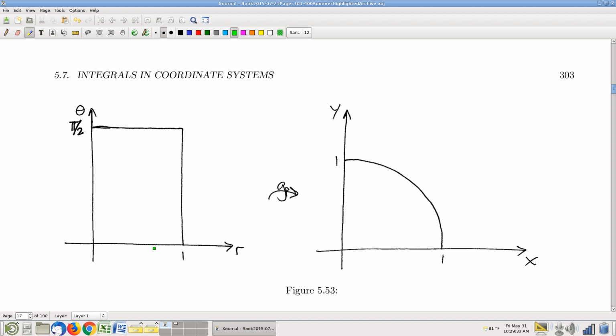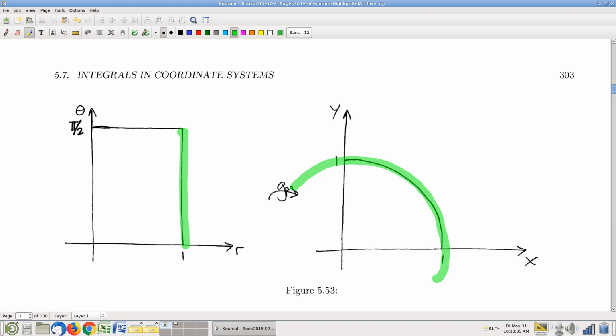Okay, so let me try to justify this for you now. Let's think about this line right here. What happens if I take this line and plug it into the polar coordinates function? Well, this line is r equals 1. Where is r equals 1 on this picture? Well, r equals 1 is the polar equation for a circle.